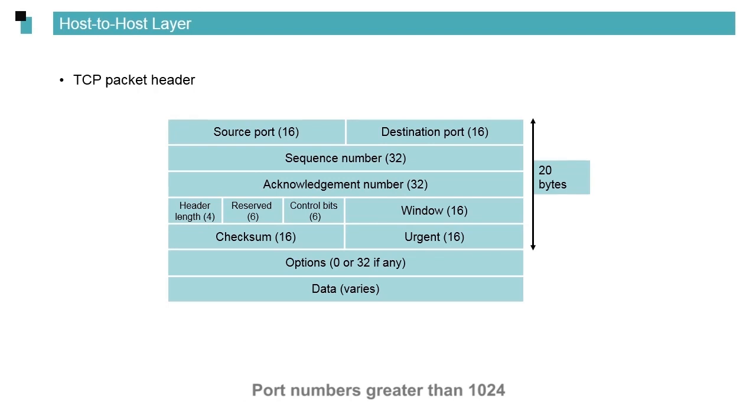Port numbers greater than 1024 are reserved for user-defined applications. For example, a process starts a local port 2020. Once data arrives at port 2020, this port sends data to the application.